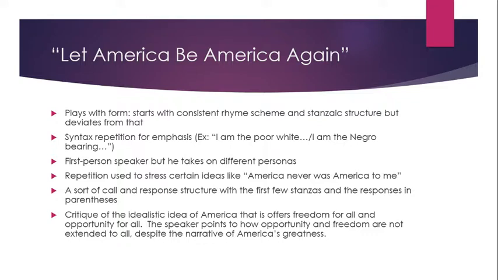So he's sort of pushing back against this idea that America is doing all the things that it was sort of set out to do, right? So offering opportunity and freedom for all, he's sort of pushing back and saying, well, that's not something that I experience, and that's not something that other people experience. So commenting on those sort of idealistic responses and thoughts about America. And in that way, we can read this poem as a social critique.